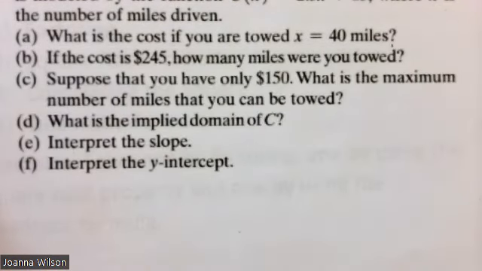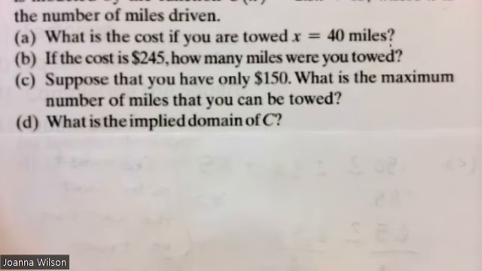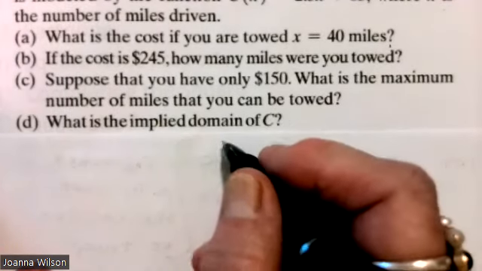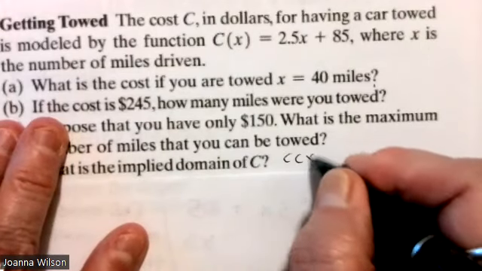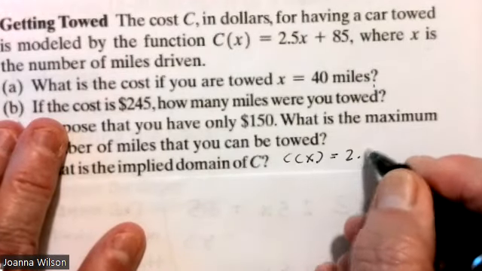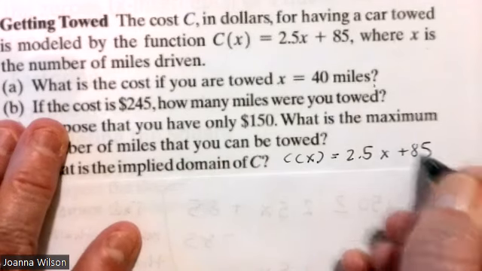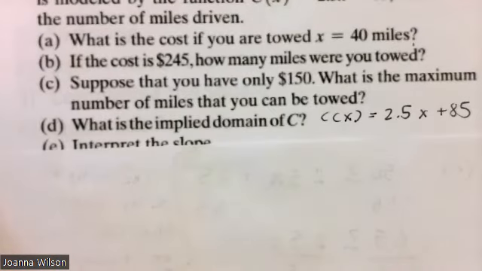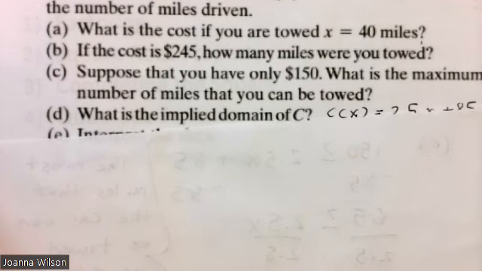Okay, and then let's see. That was C. D, what is the implied domain of C? And here's C right here. C of x is 2.5x plus 85. So the implied domain in this word problem, you wouldn't be towing a negative number of miles.